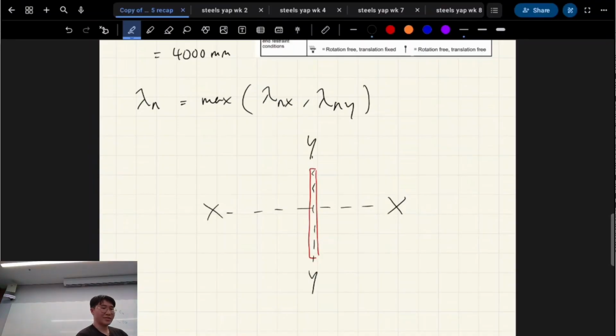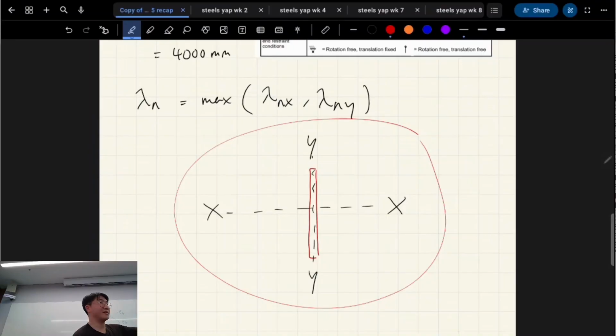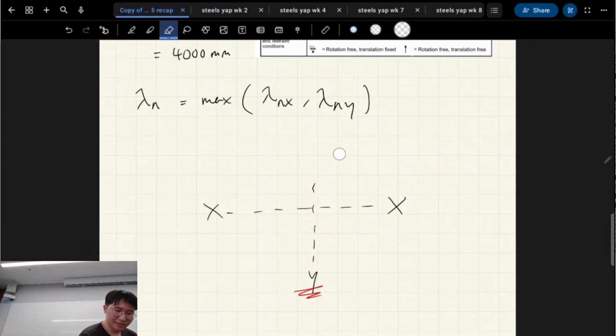So what this tells us about this shape, not to do with the shape of our question, is that our slenderness will be governed in the Y direction unless we have heaps of restraints stopping this from buckling. That's an extreme example, but just keep that in mind.